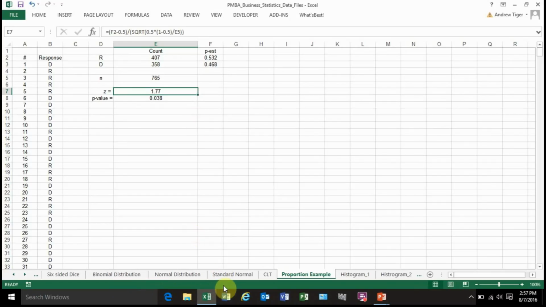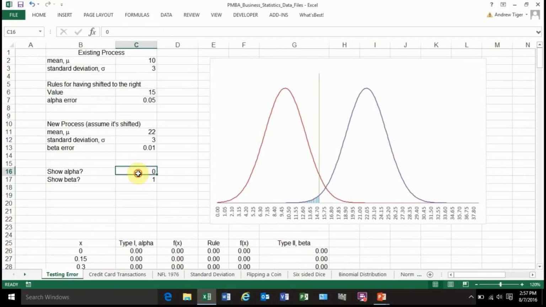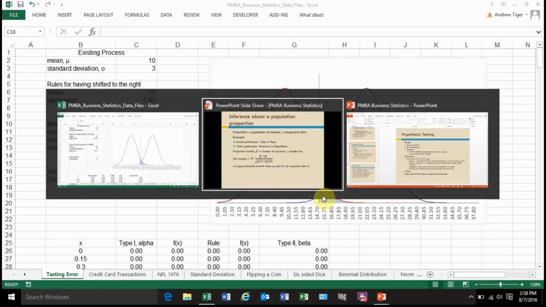If you remember when we were doing testing error, it is this area here, and in this case it's going to be from 1.77. This value and the area to the right is what we just calculated.